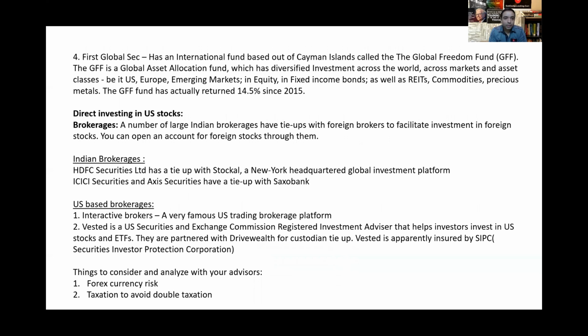Then you have First Global Sec, which has an international fund based out of the Cayman Islands called the Global Freedom Fund, GFF. The GFF is a global asset allocation fund which has diversified investment across the world and across market classes, such as US, Europe, and emerging markets.